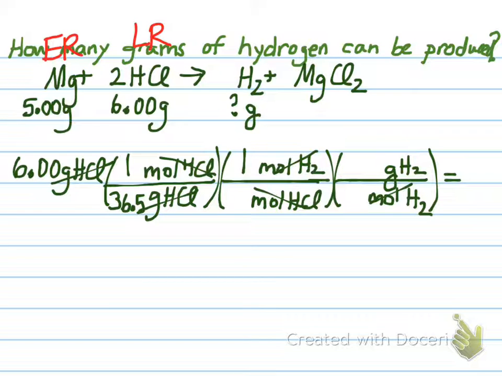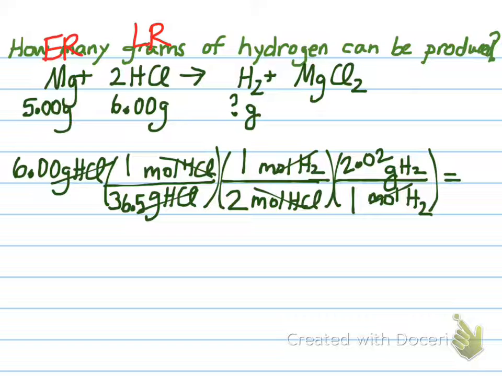So our coefficient on hydrogen was 1, and on hydrogen chloride it was 2. The molar mass of hydrogen is 1.0079, and there are 2 hydrogens, so we get 2.0158. So I'm going to use 2.02 because I want 3 significant figures.